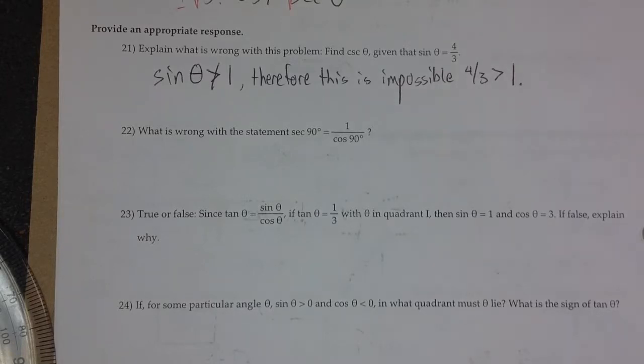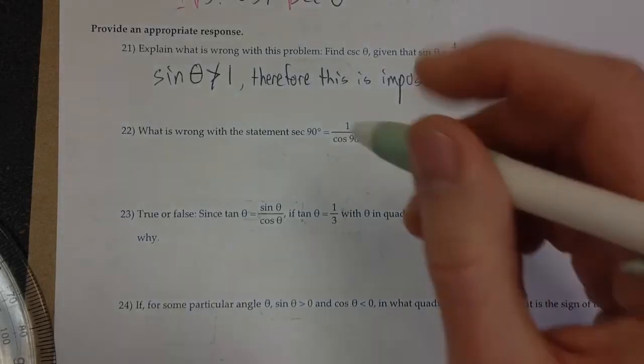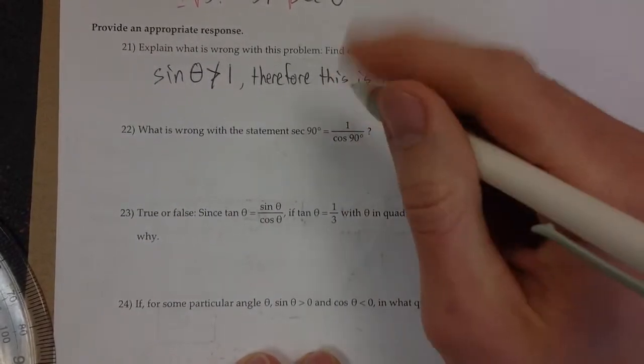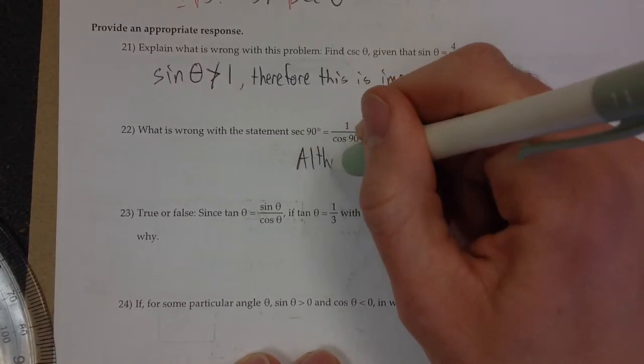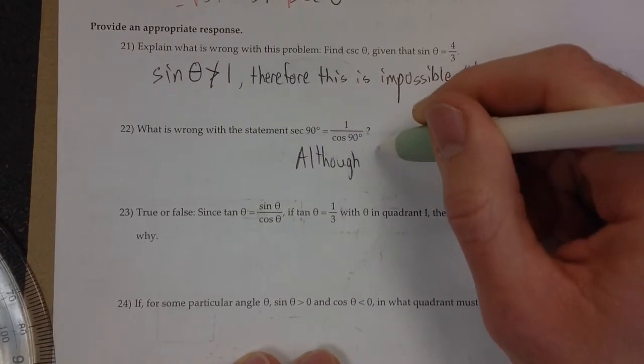Number 22. What is wrong with the statement secant of 90 degrees equals 1 over cosine of 90 degrees? Cosine of 90 degrees is 0, and you cannot divide by 0.